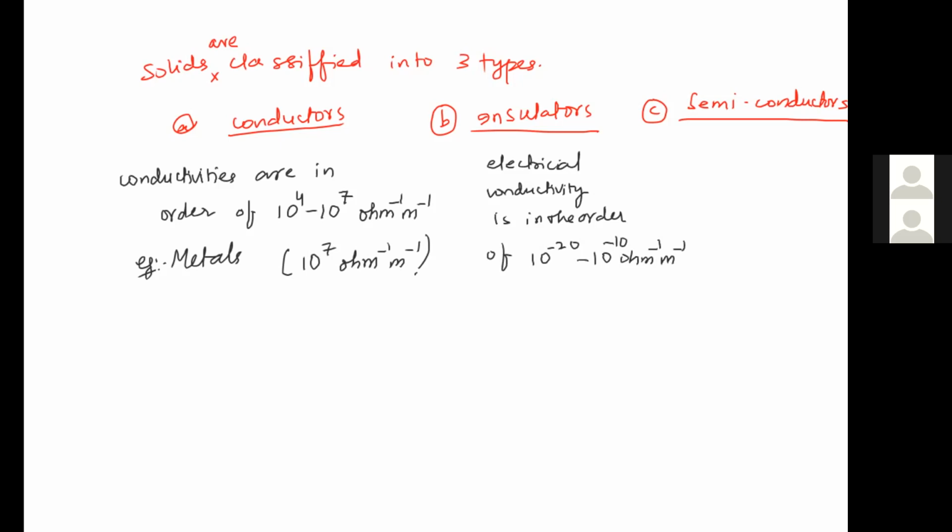And the semiconductors will be generally intermediate, 10 power 6 to 10 power 4 ohm inverse meter inverse.